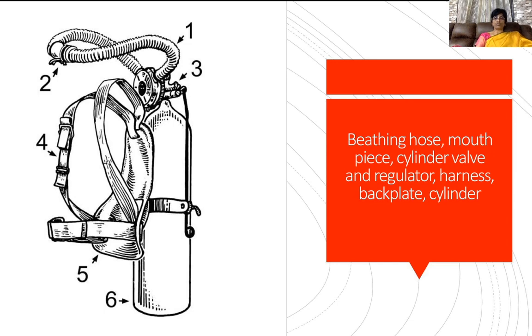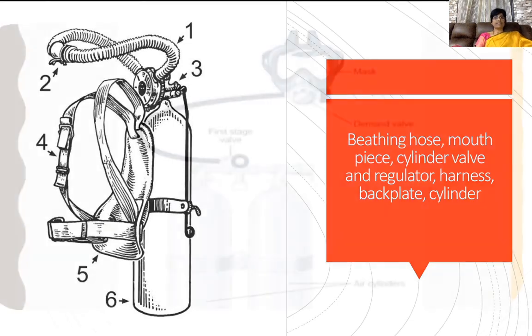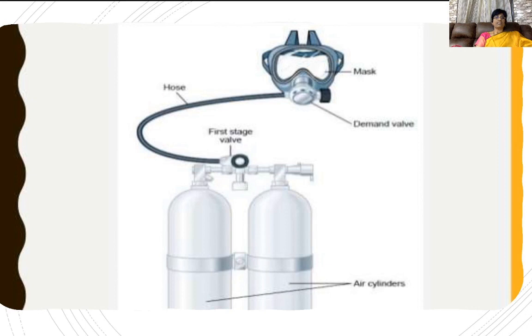This is the scuba cylinder, one cylinder, and when we see in this picture, there are two cylinders attached. Again the valve, the first stage of the valve, when it is open, the air goes to the hose, and there is a demand valve along with the mask, and that will be inhaled by the scuba diver.